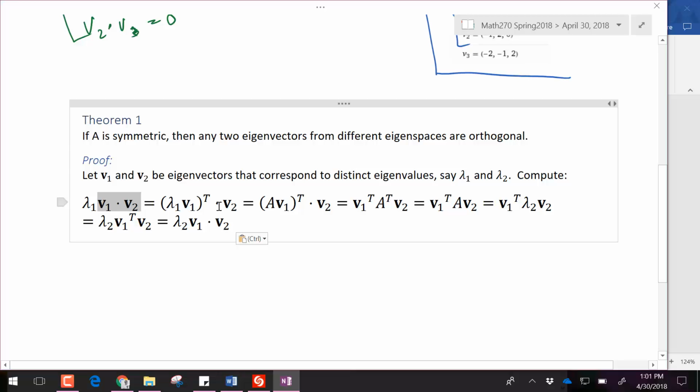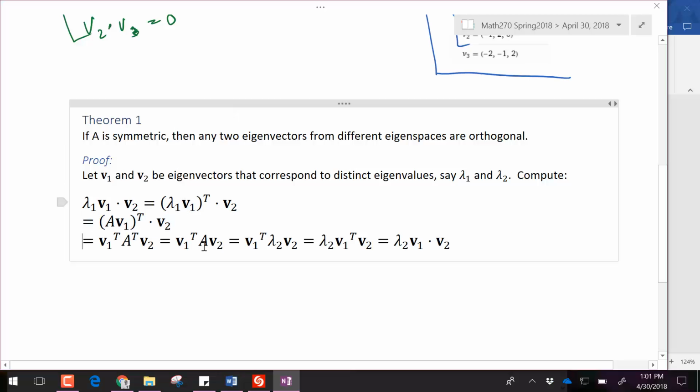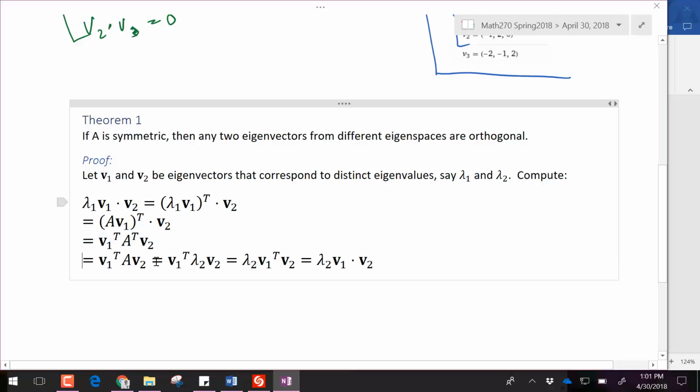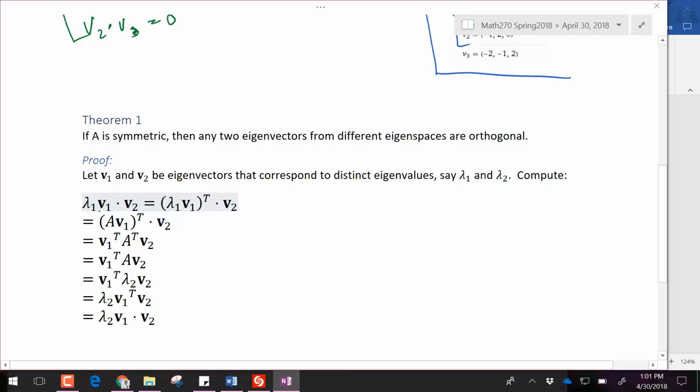So the string of equalities doesn't show everything, but let's take a look and see how far it goes. Maybe we can justify each step here. A lot of steps if you break it down. So let's take a look at this first step. Lambda times v1 dot v2 is equal to, so this is a dot product here.